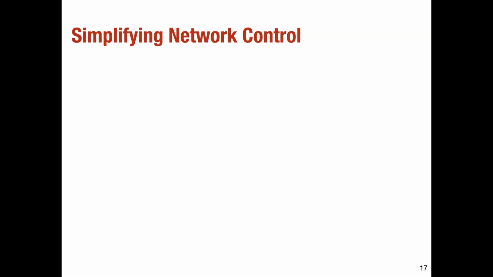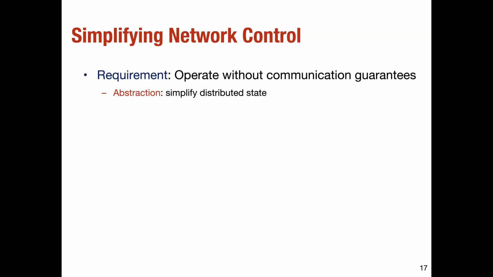So how can we simplify network control? One requirement is that they should be able to operate without communication guarantees. Why was this a requirement? Because these routers need to coordinate with each other, and some links can go down. Then there were all these complex mechanisms about how they can maintain that consistent state of the network, even though some communication guarantees are missing, right?